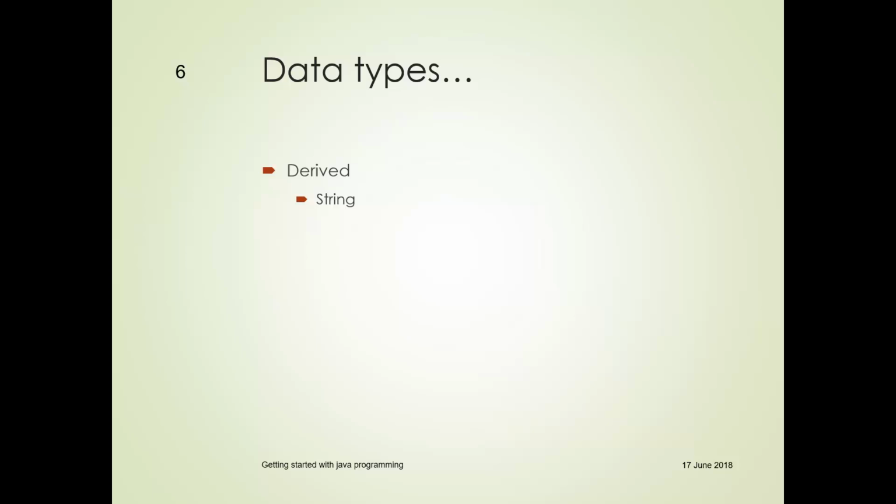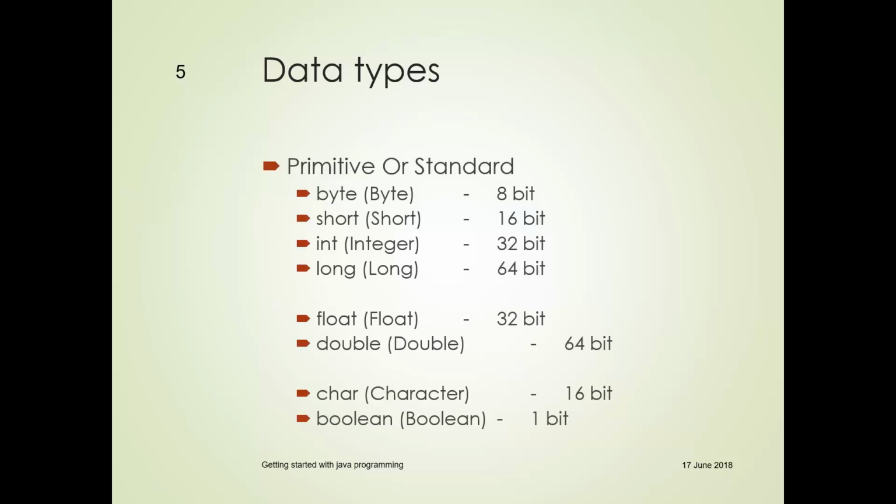It's a pre-built class in the JDK, which allows you to store a series of characters. We'll come later to understand how string is used. So these are the data types. If you know them, then you can write many Java programs which require memory access and data storage. So you should understand these data types.